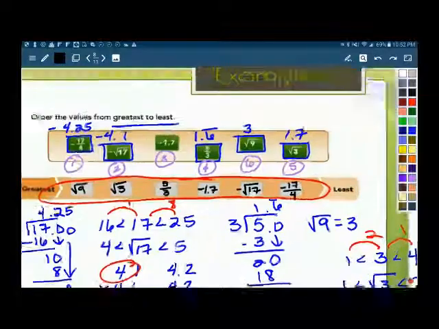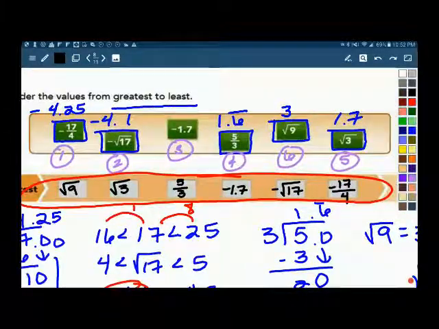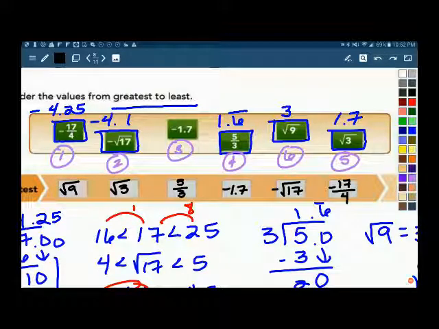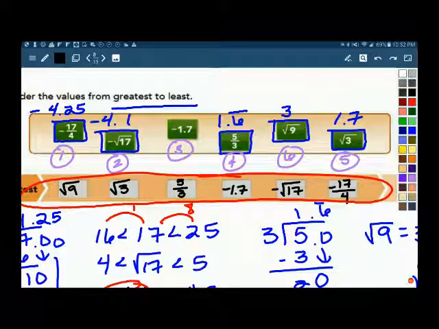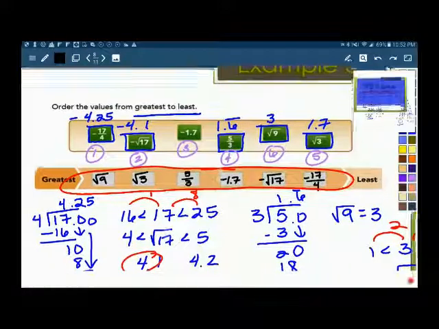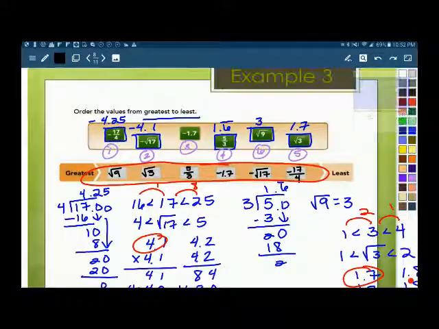I think the best way to do that is after you make your calculations, what I did was I put each of the numbers above or below in their decimal versions, and then I ordered them. Since I didn't order them from greatest to least, I numbered them from least to greatest.